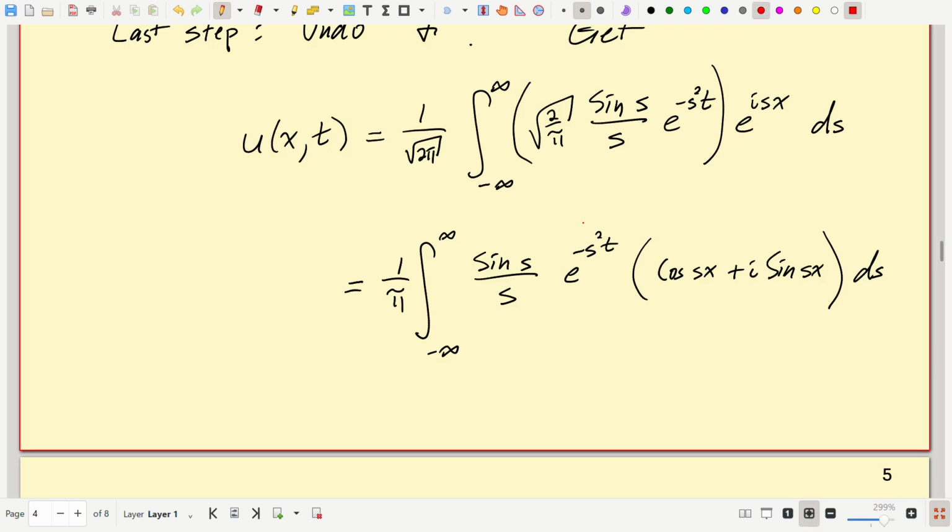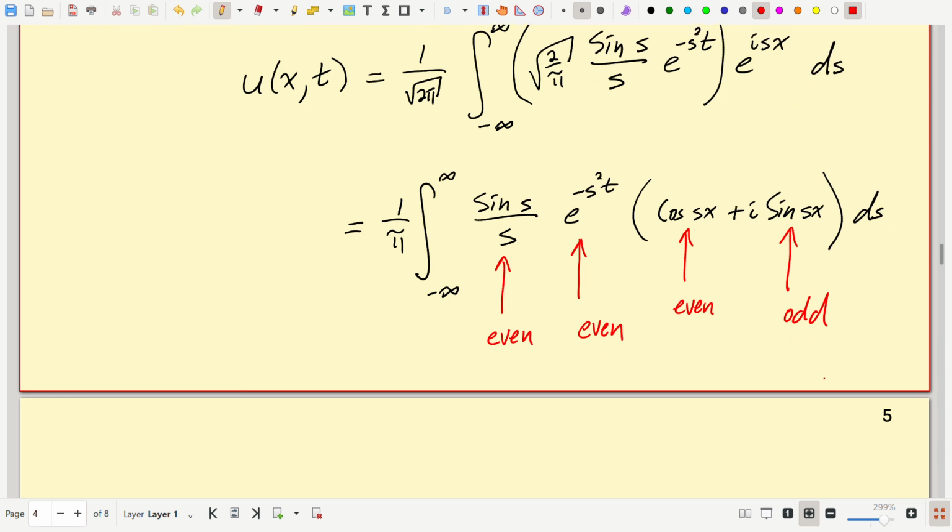Sine is odd and s is odd, so their quotient is an even function of s. Cosine is even. Sine is odd. Even times odd would be odd. So that imaginary part integrates to 0.